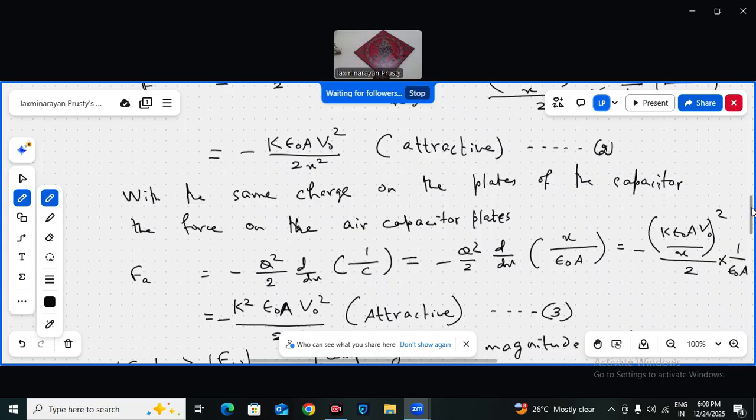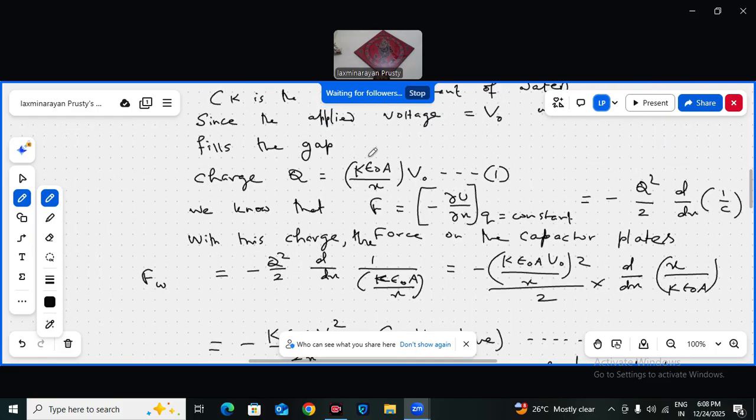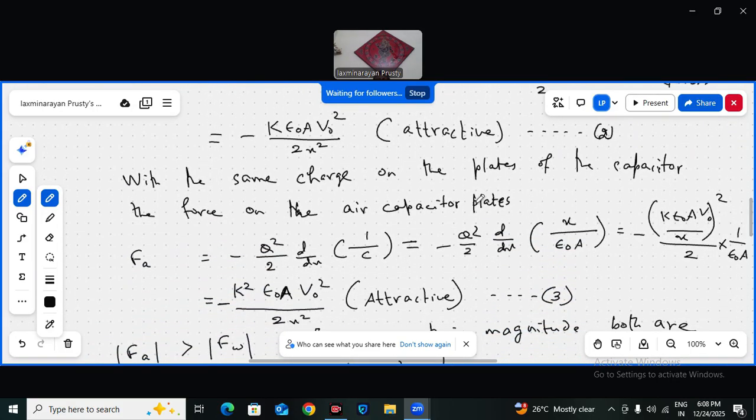This is the force right now when the capacitor is immersed inside the water, when the gap is filled with water dielectric. But suppose the same dielectric was not present, but the charge was the same. With the same charge on the plates, whatever is there right now in the water capacitor, I maintain the same charge in the air or vacuum capacitor.